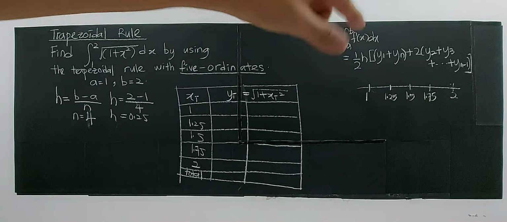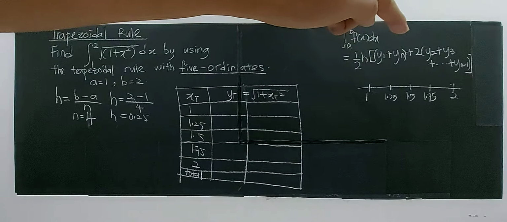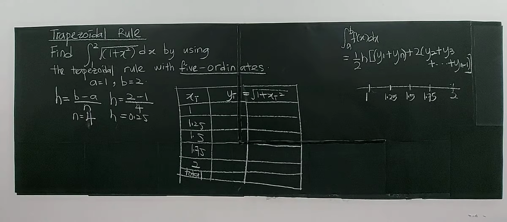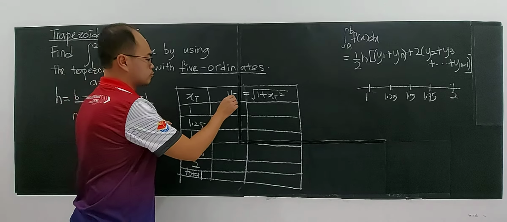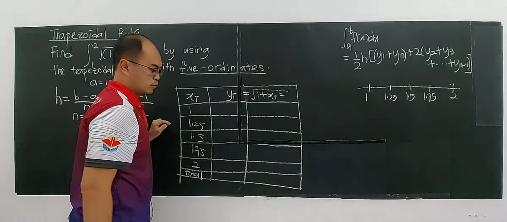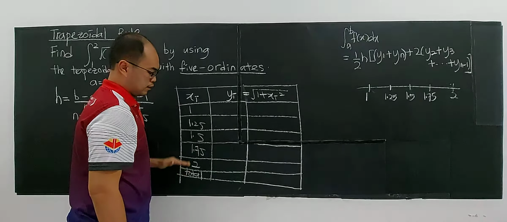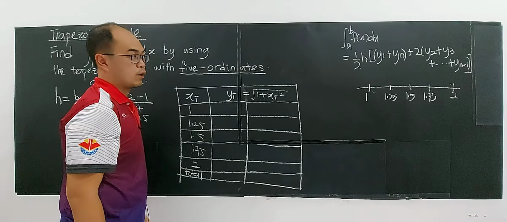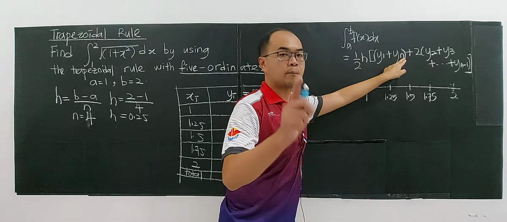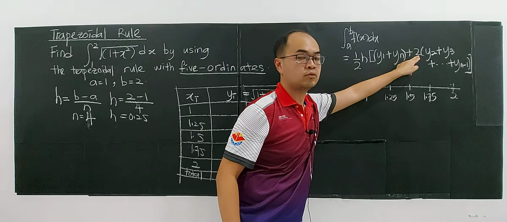But based on this formula, you see that y1 and yn, the yn means the last one here. So this will be your y1, y2, y3, y4, y5. Okay, so you have 5 y's here. So y1 and y5 are not multiplied by 2 according to the formula.